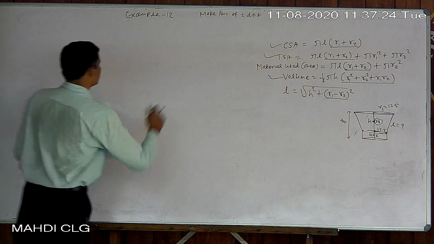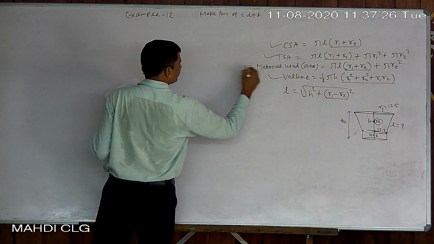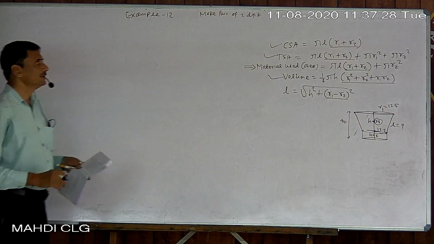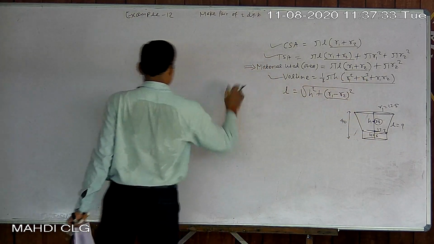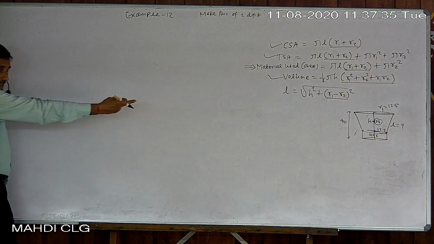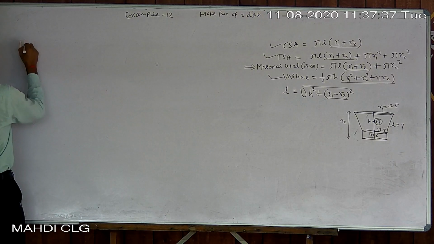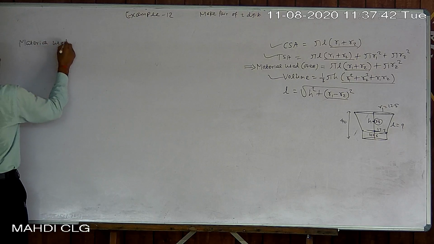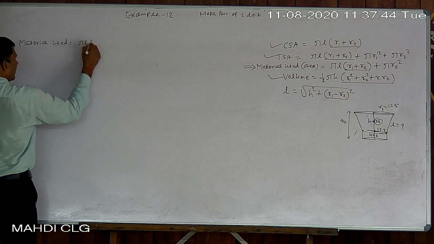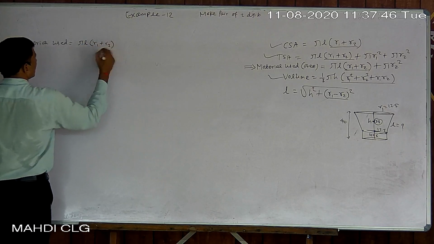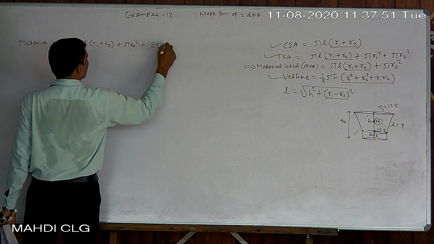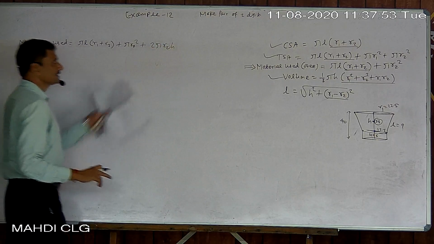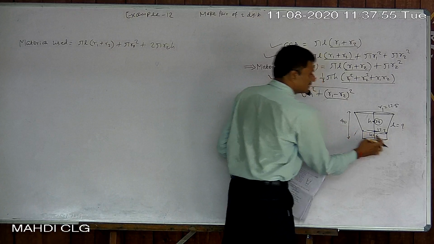So first use this formula for material used: pi L (R1 plus R2) plus pi R2 square plus something. Why? Because the cylindrical support is also there. So the material is pi L (R1 plus R2) plus pi R2 square plus 2 pi R2 S, because of the CSA of this cylindrical support too.